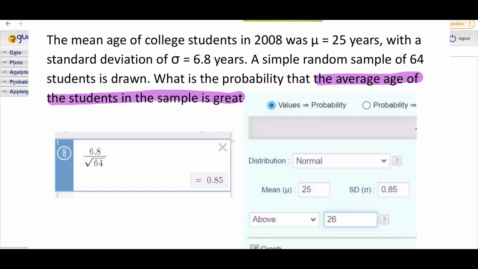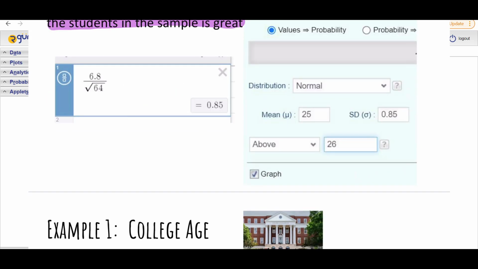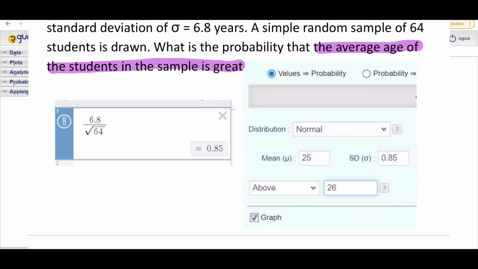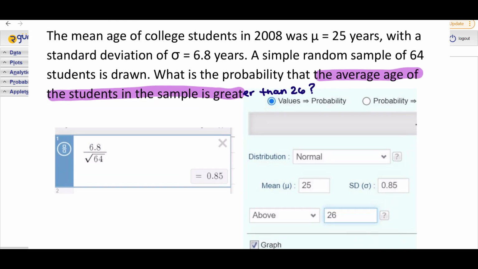And it's not letting me move it. So what is the probability that it is greater, let me write that out, greater than 26? Okay, there we go. So, just breaking this down, we know that the mean is 25, population standard deviation is 6.8, but the question has to do with the average age of students in the sample, not the overall population.